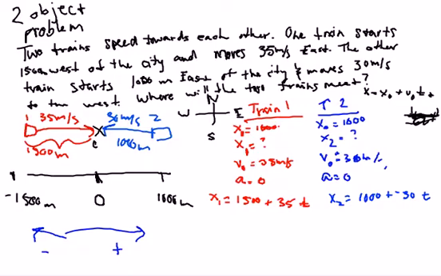And we know that x1 equals x2, because it ends up in the same spot. So we have to figure out, where does x1 equal x2? A good way to do this is you can set both of these equal to each other, because we know that they have to end up in the same spot if they meet. So you can just put your two equations equal to each other.